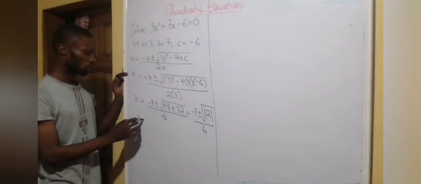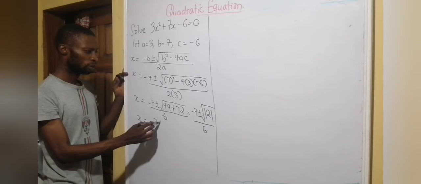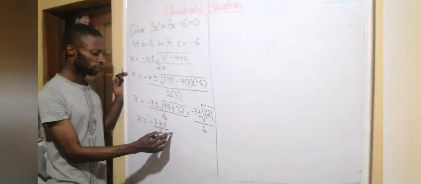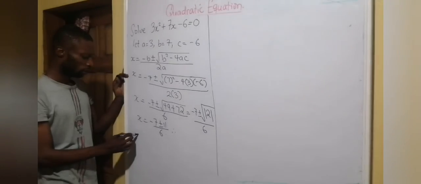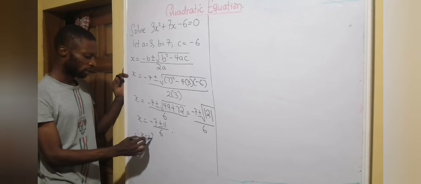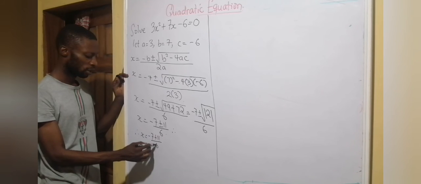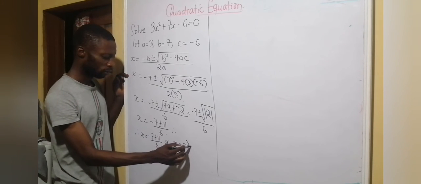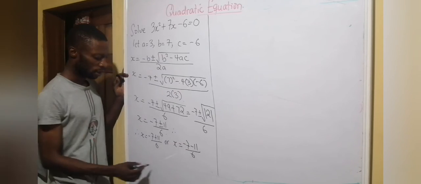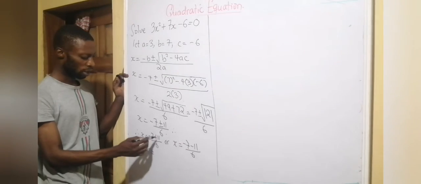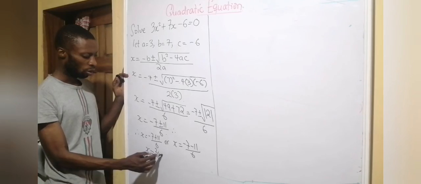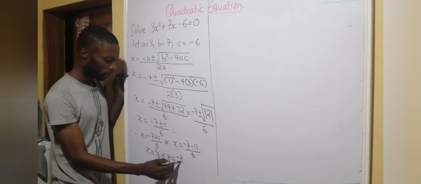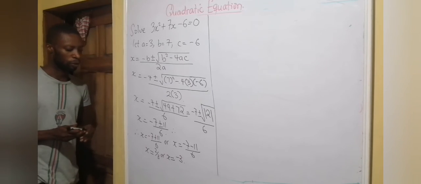The square root of 121 is 11, so minus 7 plus or minus 11 over 6. So therefore x is equal to minus 7 plus 11 over 6, or x is equal to minus 7 minus 11 over 6. So x is equal to, that's 2 over 3, or x is equal to what? Minus 3.